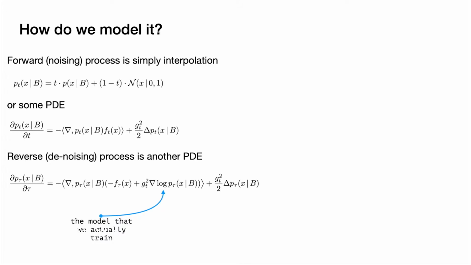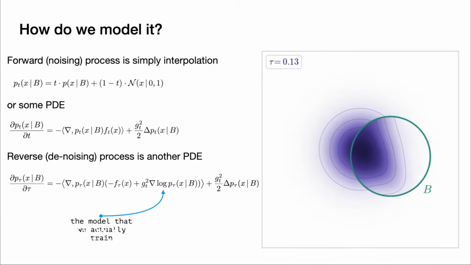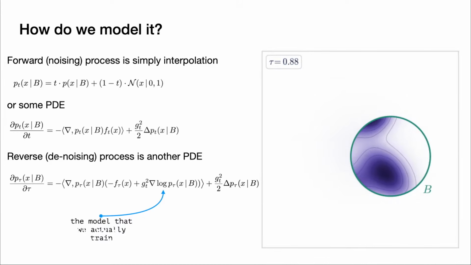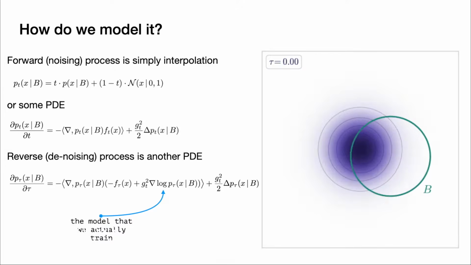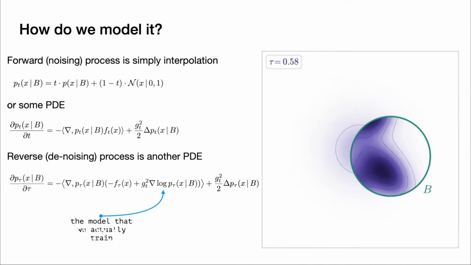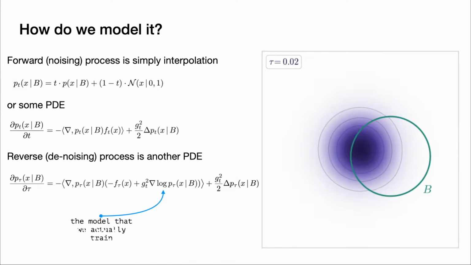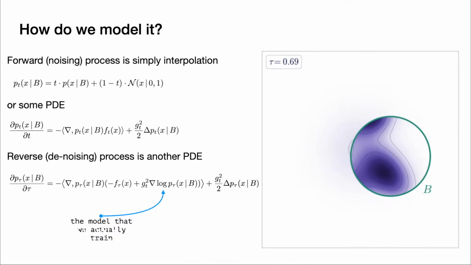But once again, I assume everyone here knows. Let's look at the picture, how it looks. So we start with the standard normal Gaussian, and we arrive at P of x given B. That's the final state, right? So this is how this interpolation looks.